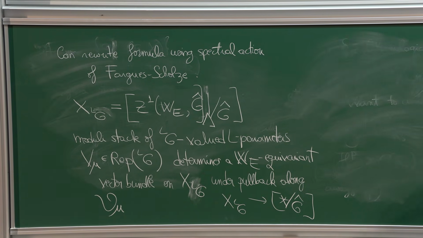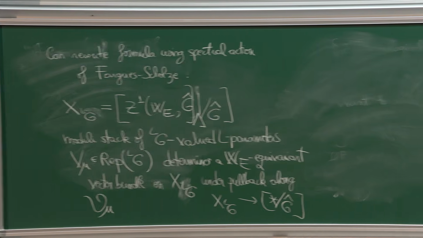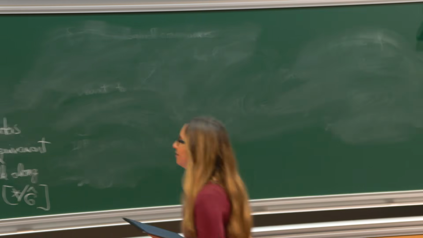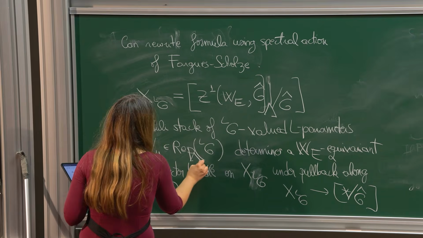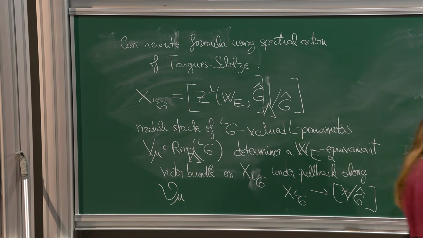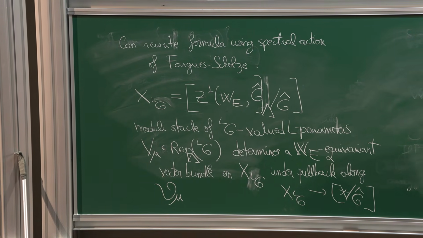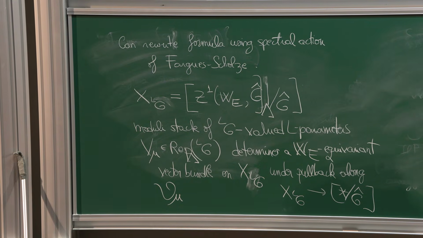So the representation of G hat that you take is with which coefficients? Is it lambda coefficients? Yes, that's right. And mu is the highest weight? Yes, mu is the highest weight. But the theory of reducible representations of algebraic groups works well in characteristic 0. In general, you have different choices of which representation.